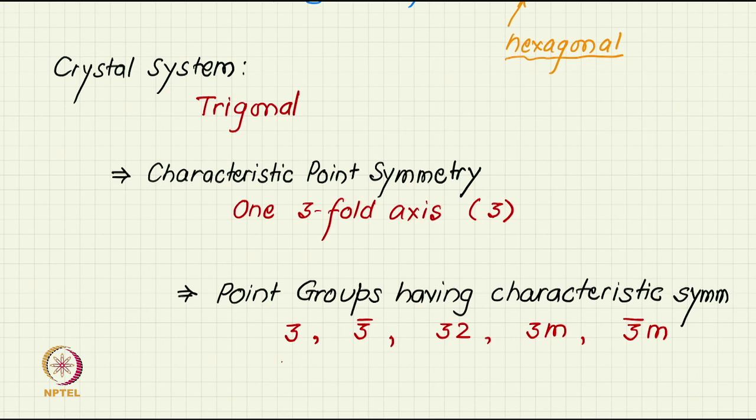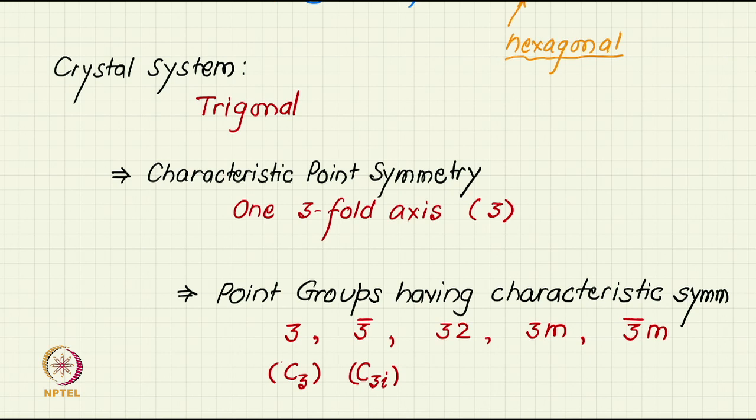In the Schoenflies notation, we write them as C3, C3i, because 3 bar is a threefold with a center of inversion.